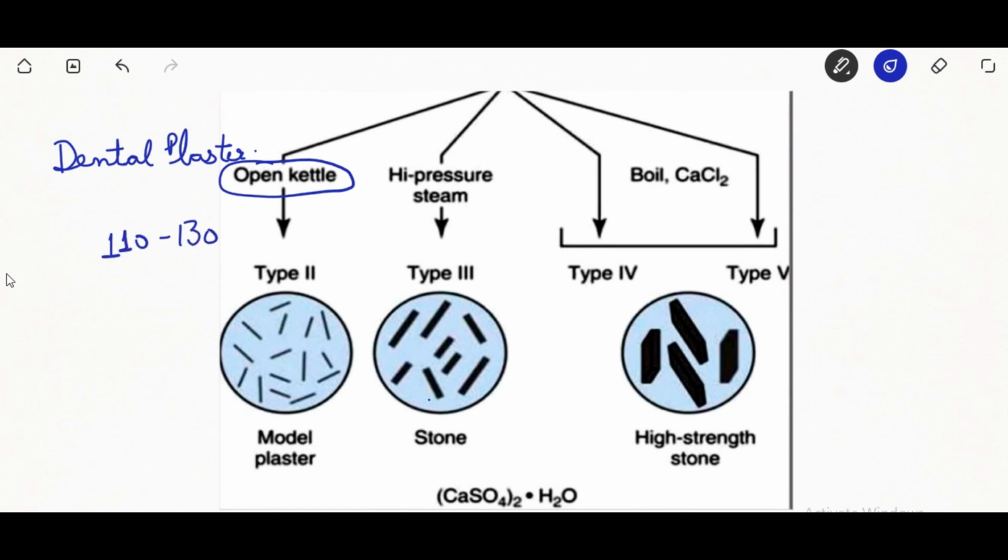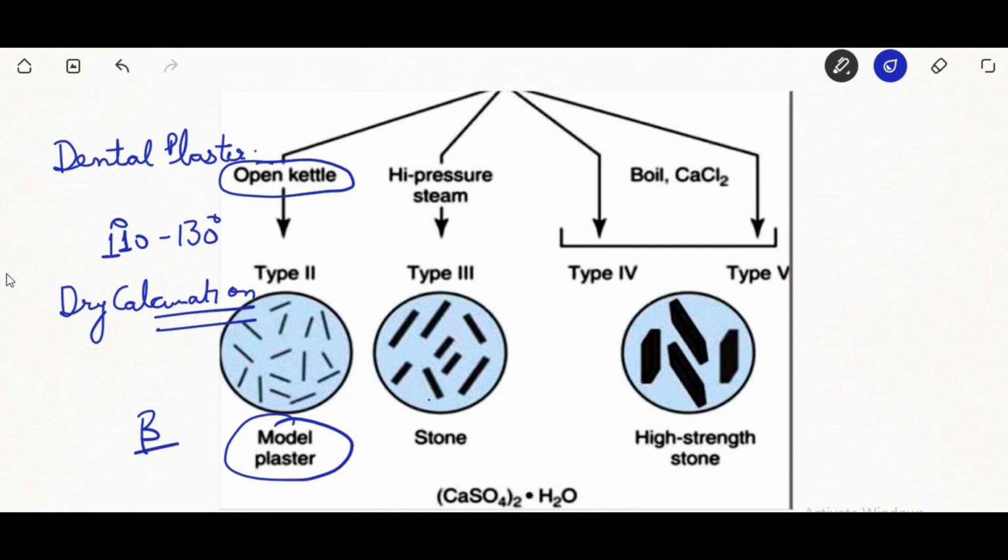Microscopically, they look like fibrous aggregates of fine crystals with capillary pores. They are then ground to needle-like crystals so that they can improve their packing.